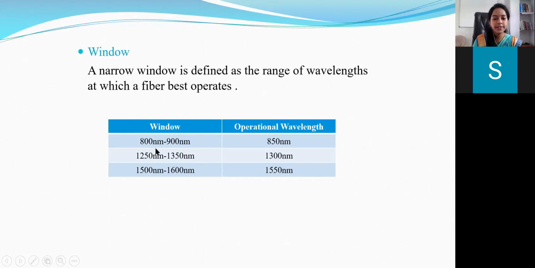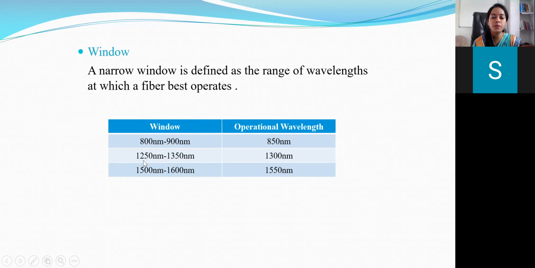It is 800 to 900 nm. If it is a window of 800 to 900 nm, then the operating wavelength is called 850 nm. If you have given 850 wavelength, you can work from this window, that you can go from 800 until 900 nm. Here also the same thing happens.